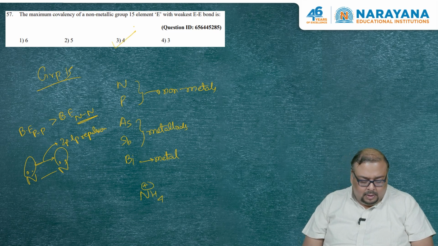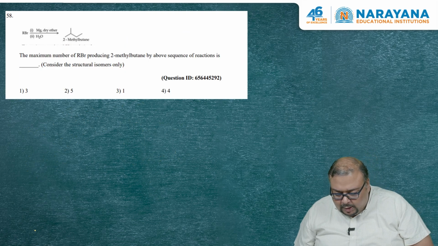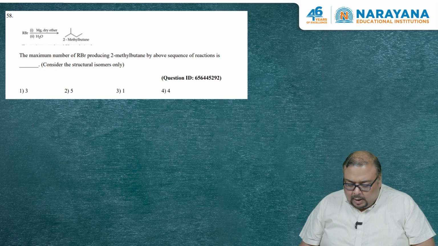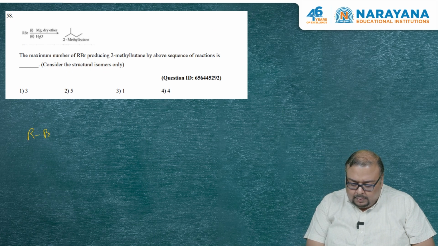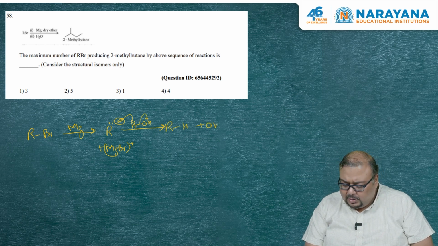Next is question number 58. Okay, so in 58 you have got RBr, which is reacting with magnesium. Now when RBr reacts with magnesium, you get R minus plus MgBr plus. And this R minus, on taking acidic hydrogen from water, gives RH plus OH minus.